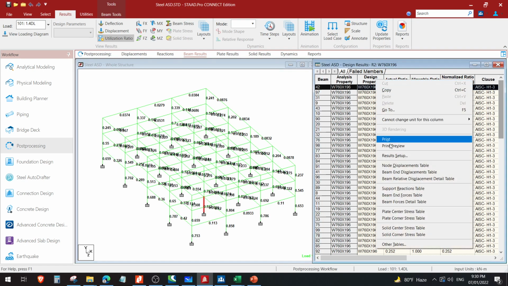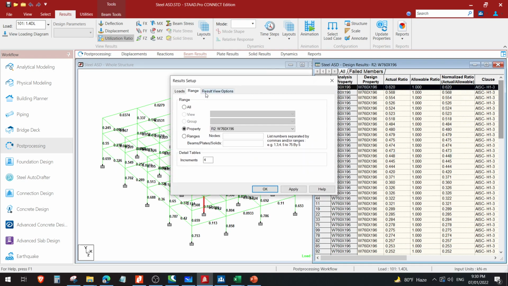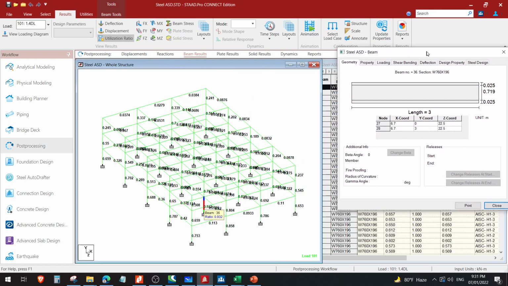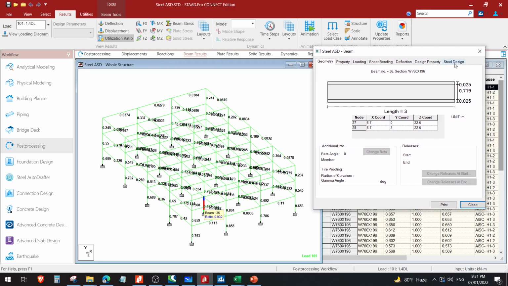So, ulitin natin. Labasin natin siya. So, R1, apply, okay. Having 0.93, no? So, sagad na yan. I suggest, okay na yan, yung ratio na yan, no? So, double click. So, it's the same section.